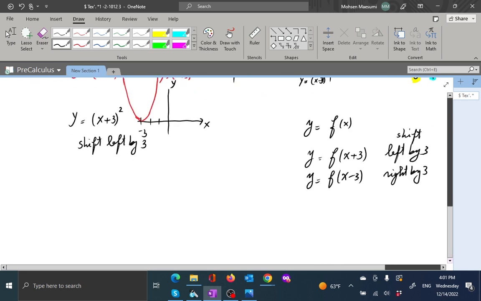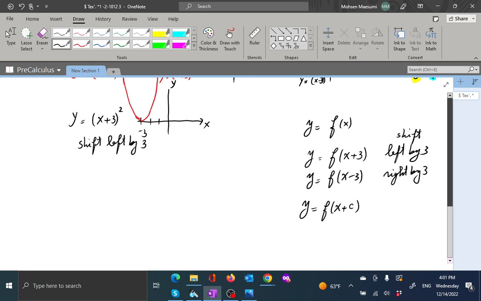Nothing special about the number 3. So if I say y is equal to f of x plus any number, we call that number a parameter. Sometimes we show it by some constant c. Now it all depends on whether your c is positive or negative.